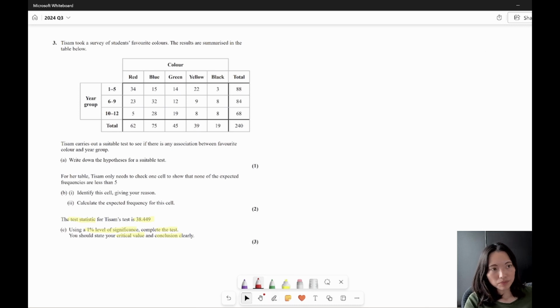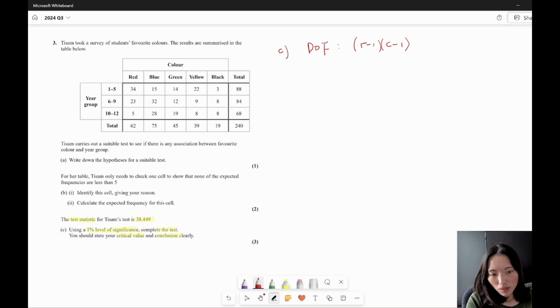As I said earlier, this is a contingency table, and when we do a chi-squared test, we need to work out the degrees of freedom. In a table with R rows and C columns, the degrees of freedom is R minus 1 times C minus 1, because there's one constraint for the rows and one for the columns.